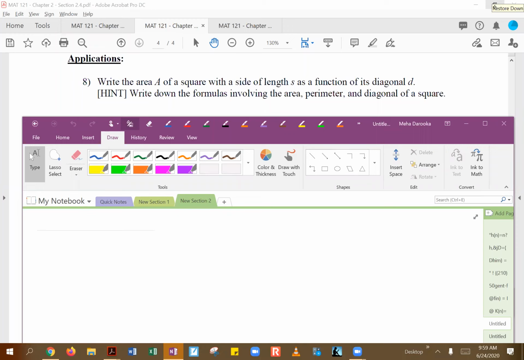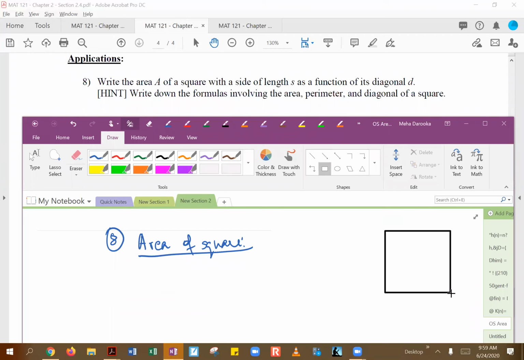So what would be the area of a square? And of course, they're telling us it's a length of side S. Okay, so maybe something like this.